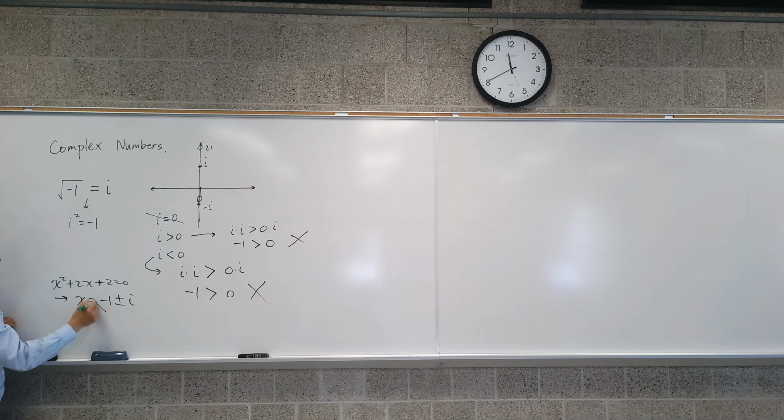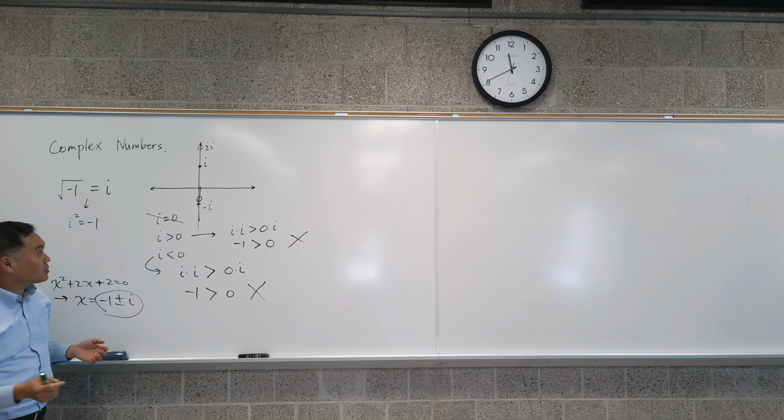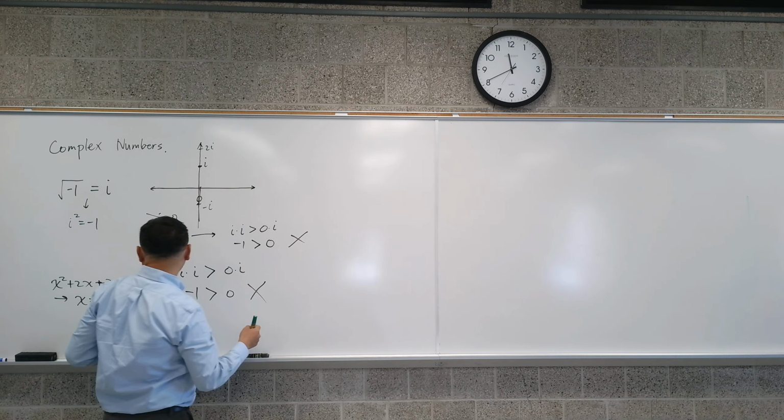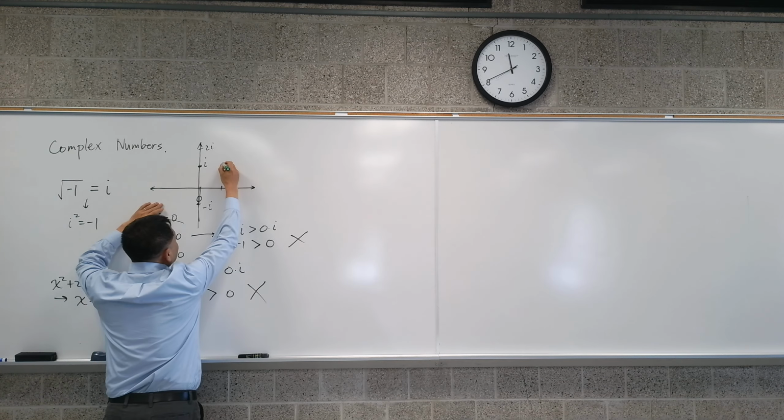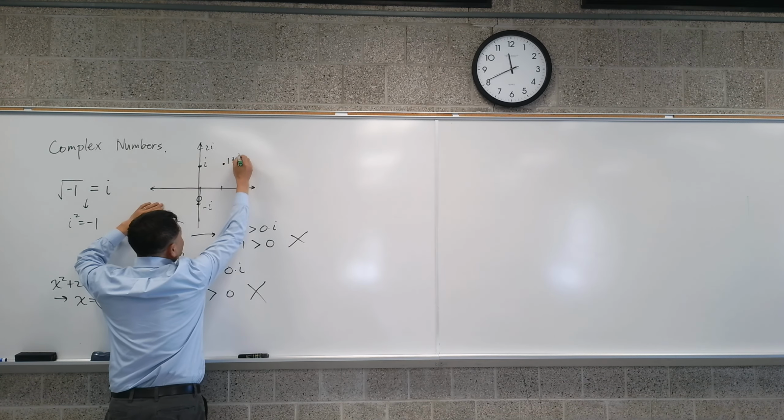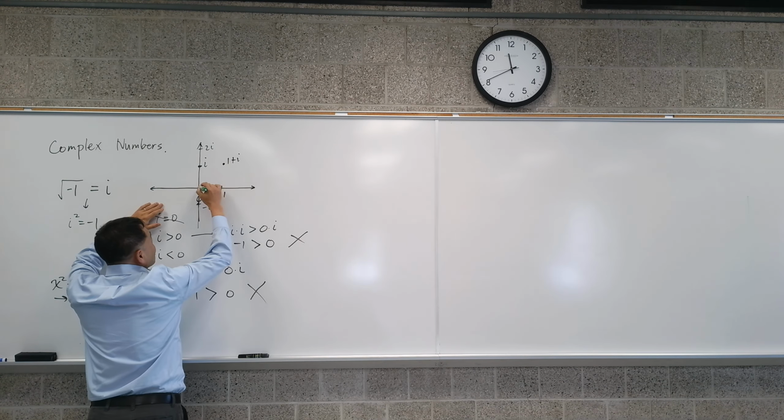So you have a mix of a real number and an imaginary number. Such a number is called a complex number. And that can even be put on here as if you're putting coordinates. So think of this point as 1 plus i, because this is 1, that's i.